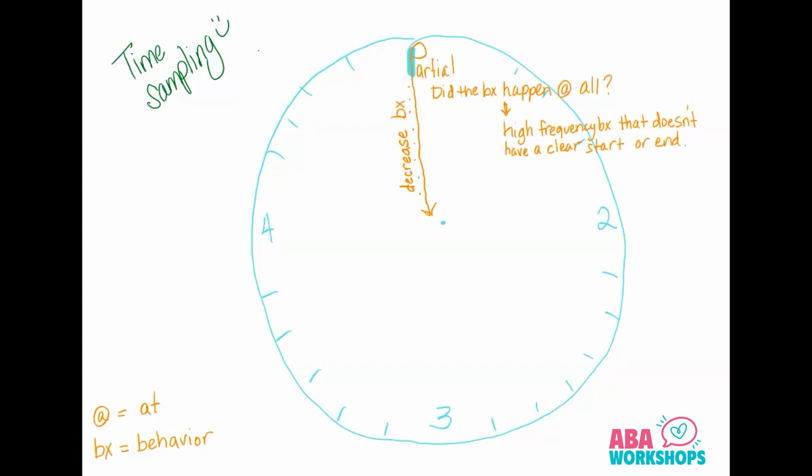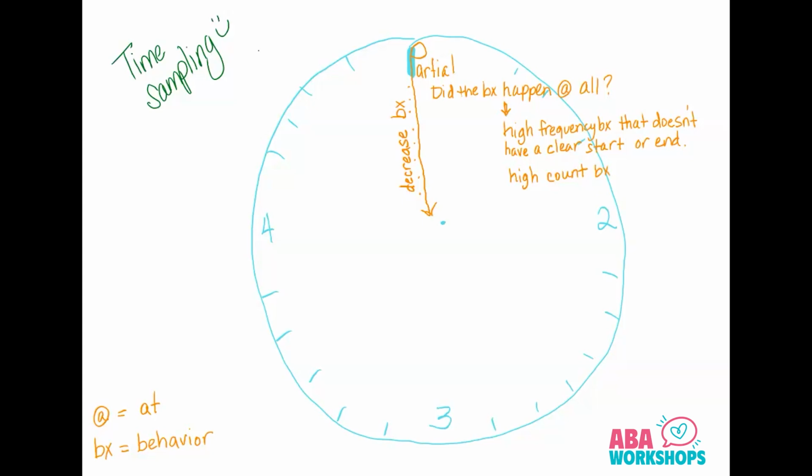All right, so next I want you to think about high again. So high count behavior. And what does it do with high count behavior? It underestimates it. Okay?